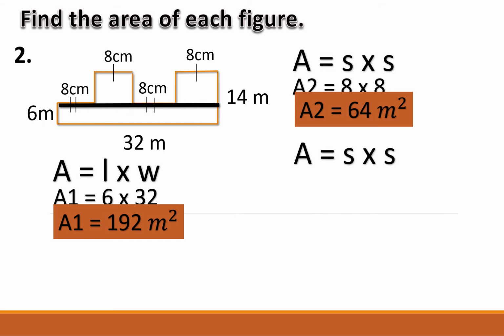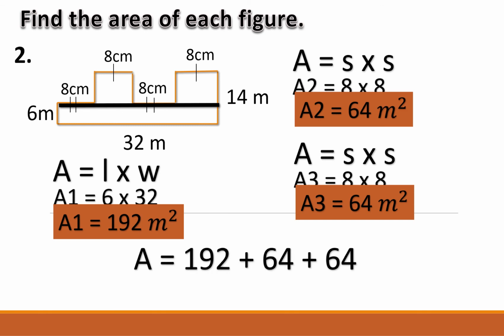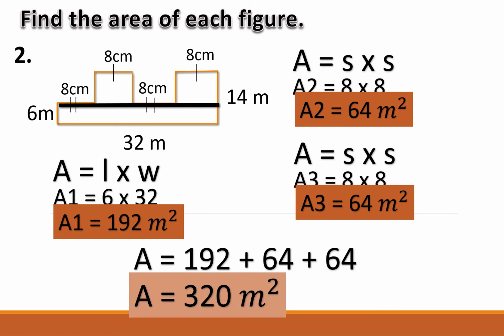The third one is also a square, side times side, 8 times 8, also equal to 64 square meters. Adding the three areas, 192 plus 64 plus 64 is equal to 320 square meters. So that is the whole area of this irregular figure.